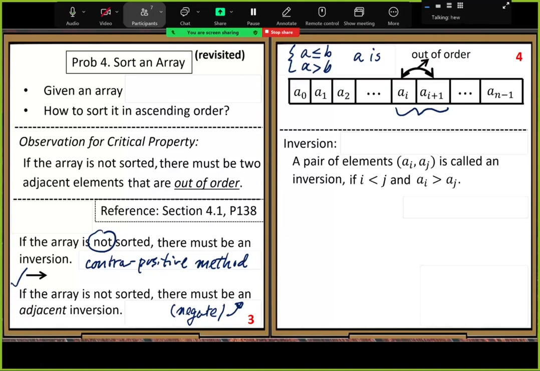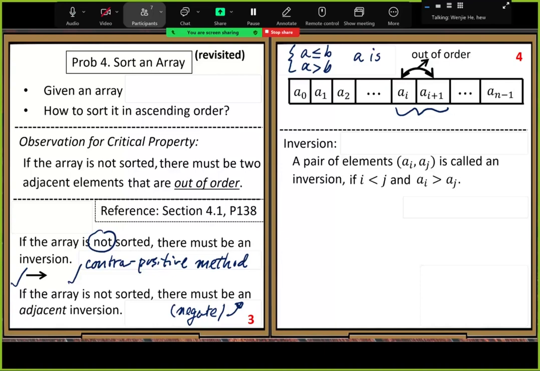So this is the contrapositive thinking. Okay? Contrapositive: if we negate the conclusion, then the hypothesis is different. The hypothesis is different. Okay?